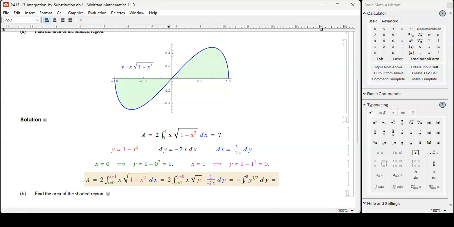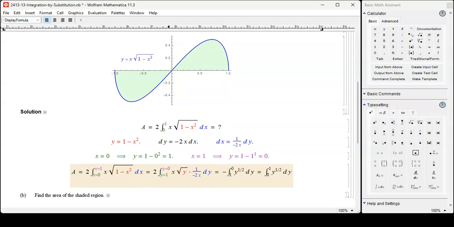And let's do one further simplification before calculating the antiderivative. If I change this into 0 to 1, then I'll be able to remove this negative sign, and you're going to get the final expression like this.